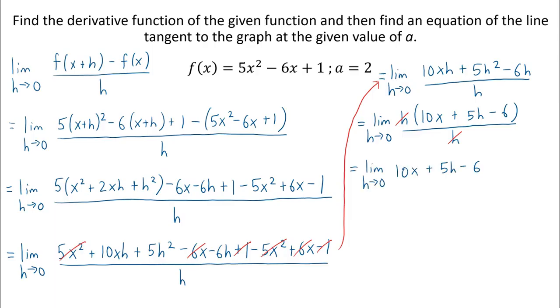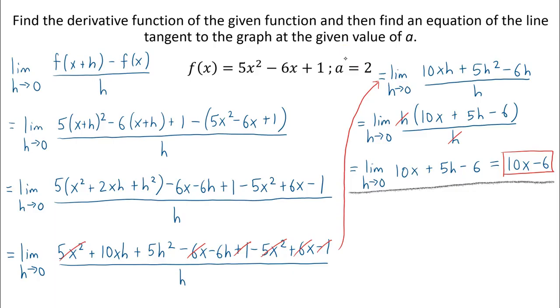And that gives us the limit as h approaches 0 of 10x plus 5h minus 6. Now we can go ahead and substitute in 0 for h, because substituting 0 in for h doesn't leave us with a 0 in the denominator any longer. Substituting 0 in for h gives us 10x plus 5 times 0 minus 6, which is just 10x minus 6. And this is our slope function, or our derivative.